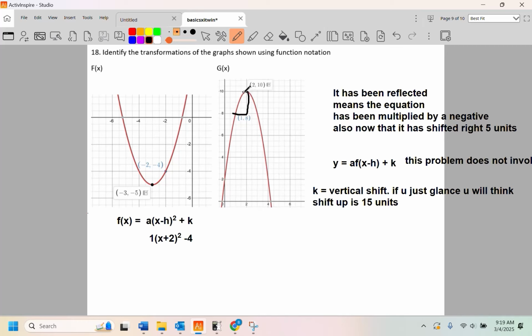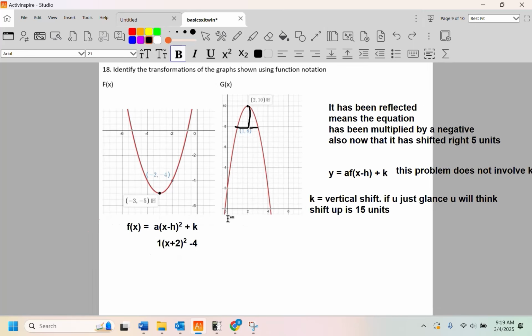This one has fallen 2 units and run right 1. So its initial slope is negative, so a is negative. Let me write down what it becomes. It becomes g of x, which is a -2 times x minus 2, quantity squared, plus 10. I got some points mixed up here again, didn't I, kids? Forgive me. I'm looking at the wrong point.